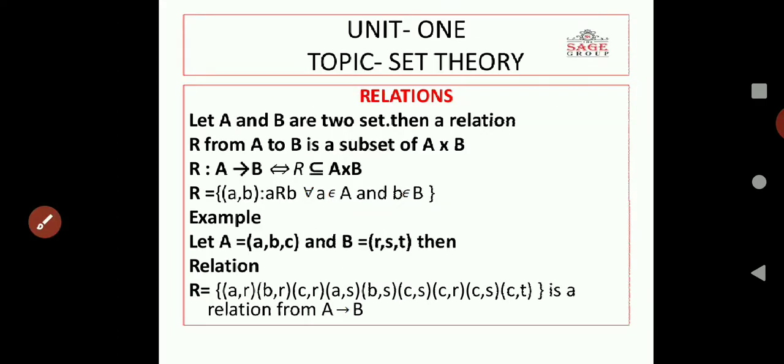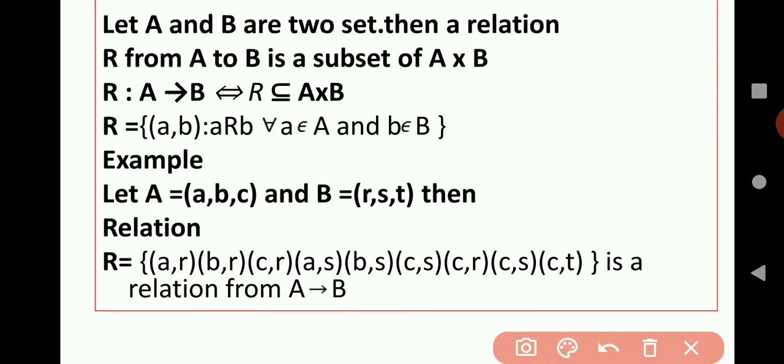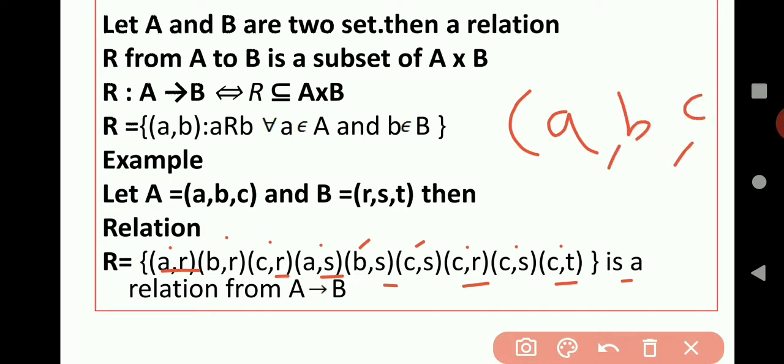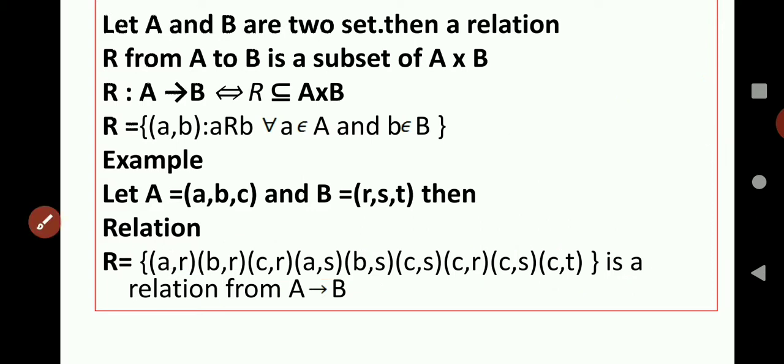For example, in the last slide, the relations we got, the first components of all the ordered pairs, that means here a, b, c, again a, b, c, and c, are the domain. And the range is the second component of the pair, that is r, r, r, again s, s, s, r, s, t.